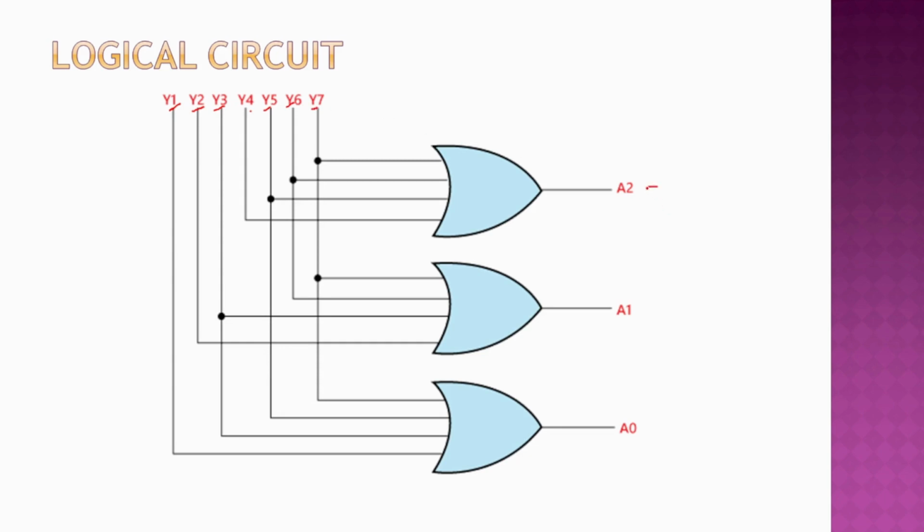For A2, the equation you get is y7 plus y6 plus y5 plus y4. With the help of these 4 inputs you draw this OR gate. Like that, you draw the OR gates for A1 and A0.